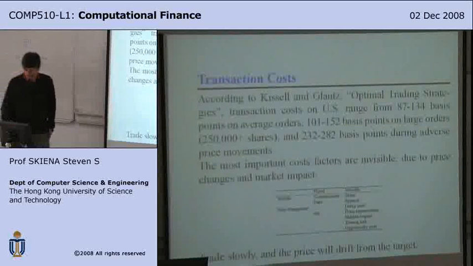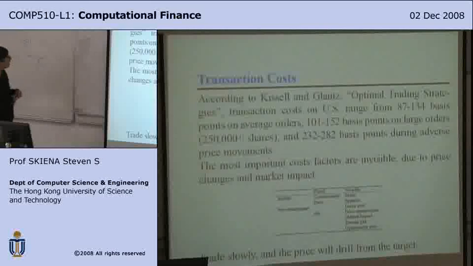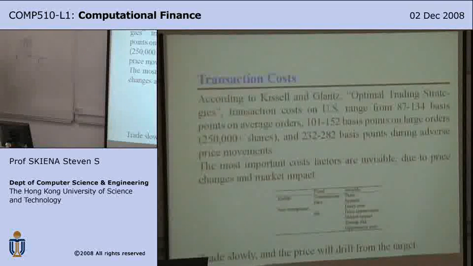And so traders have this vision that if you trade too slowly, let's say I want to buy a large order, I could say I will pay $20 a share and wait until people meet my price. The trouble is the price may drift. If I want to buy a large order now, it could very well impact the price by cleaning out the queue of all the people who want to be selling it.